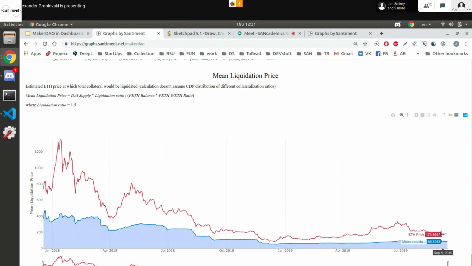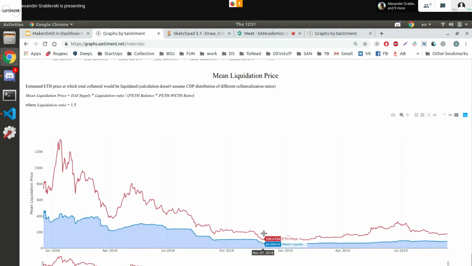Yeah, that's just a mean price, but it shows you how safe the system is. So when the distance between these graphs is big, like here or maybe here, that means that the system is well protected against the fall of the ETH price. And when it's very close, for example, like here, you see that's about 2 times different.